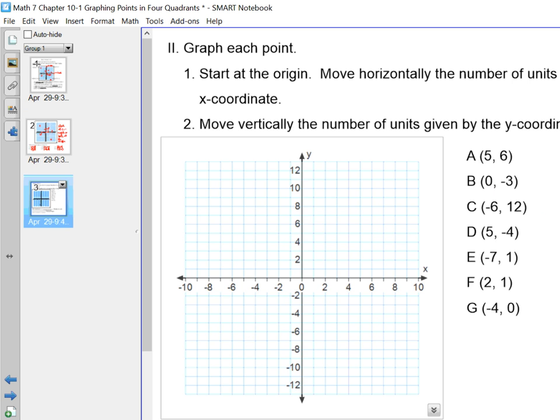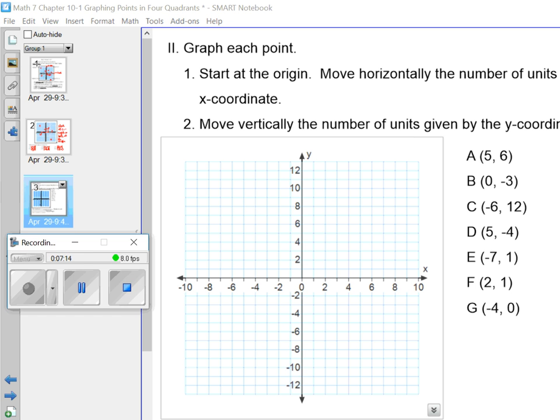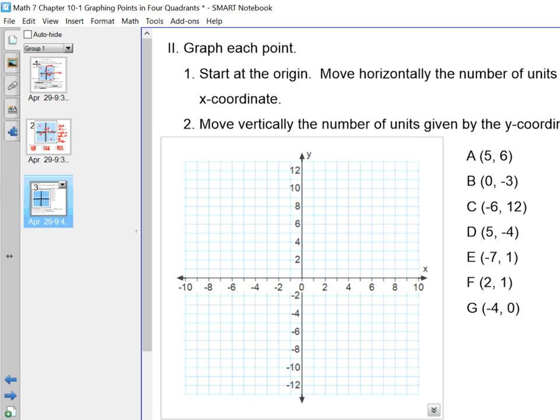The last thing we're going to do today is graph each point. We always start with the origin, and we move horizontally the number of units that is given by the x-coordinate. If we look at A, we want to graph 5, 6.